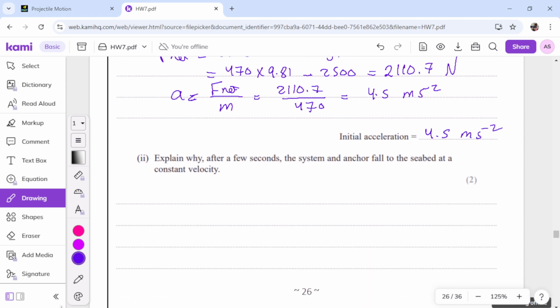Now explain why after a few seconds the system and anchor fall to the seabed at a constant velocity. As you know, this is like a skydiver falling through air. As speed increases, air resistance increases, until it becomes balanced with weight. But instead of air resistance, we have a drag force of the liquid.